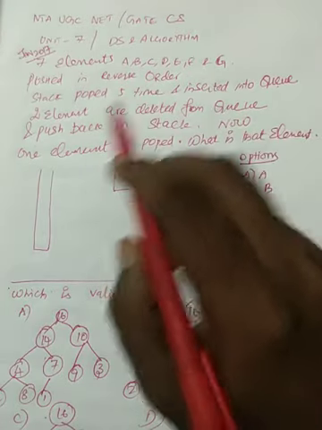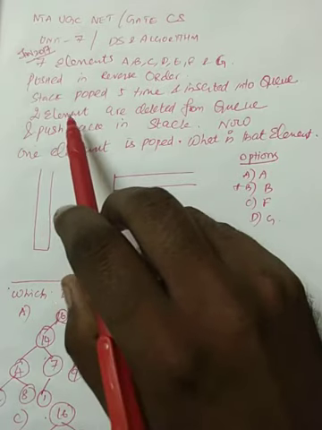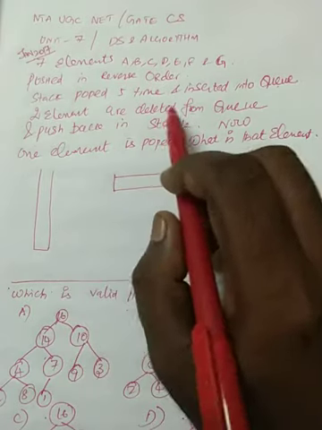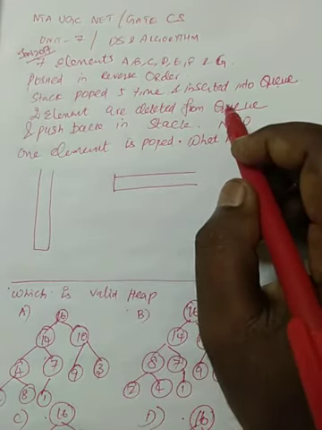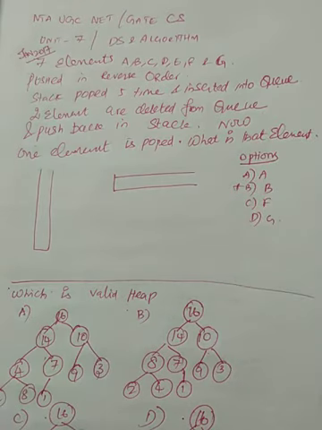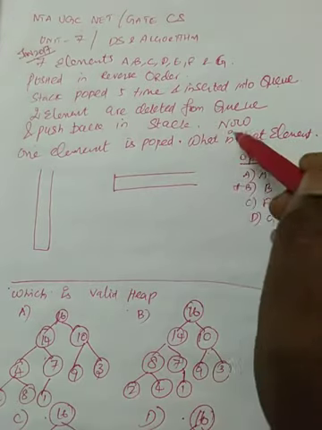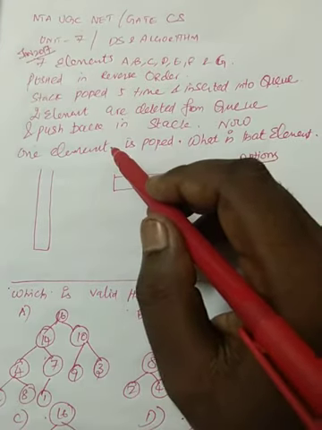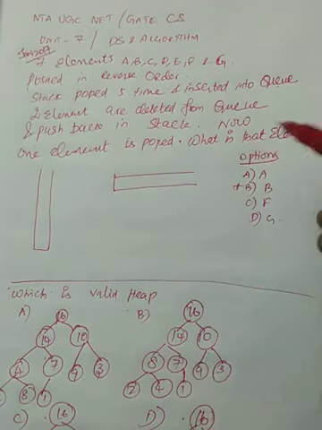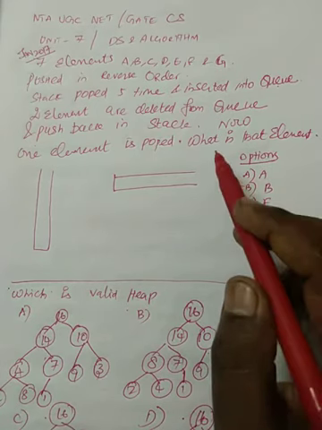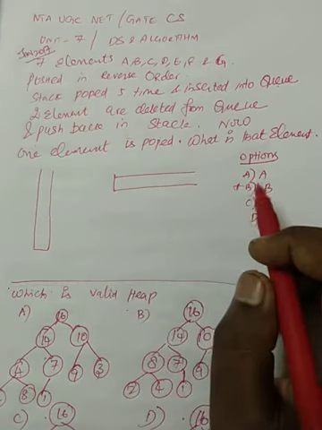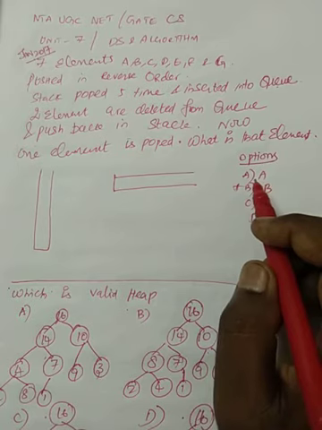I'll tell you what is reverse order. Then the stack is popped 5 times and the elements are inserted into a queue. Then two elements from the queue are deleted and pushed back inside the stack. Then again one element is popped. What is the popped element?